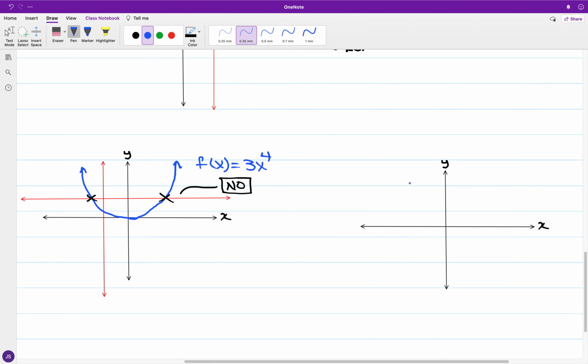And if I have something like this, so you have a function. Let's say we have g of x is equal to the negative 2x cubed.